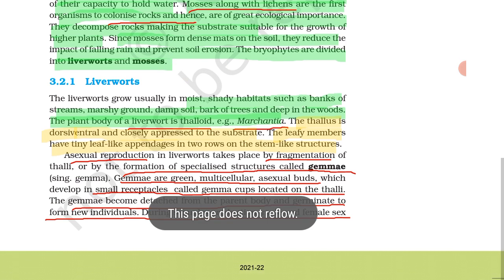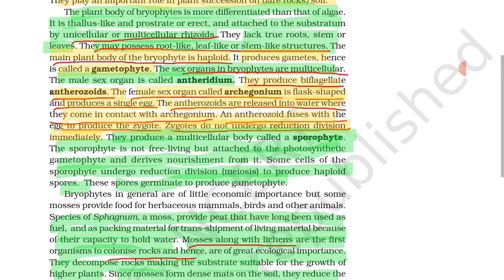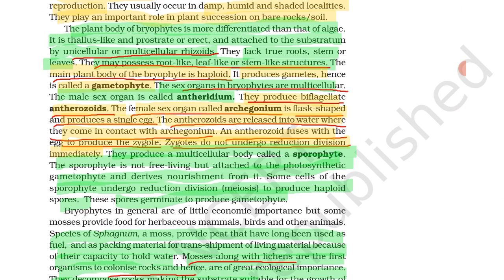Then next, some cells of the sporophyte undergo reduction division, meiosis, to produce haploid spores. These spores germinate to produce the gametophyte. So see, after that, this sporophyte undergoes reduction division, means what?